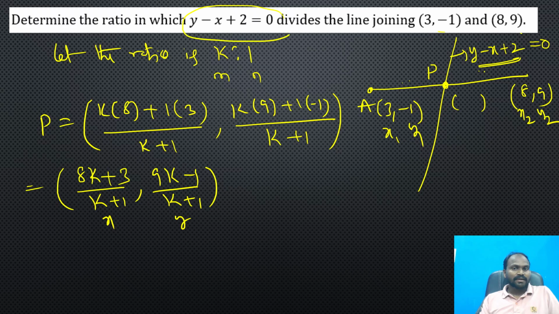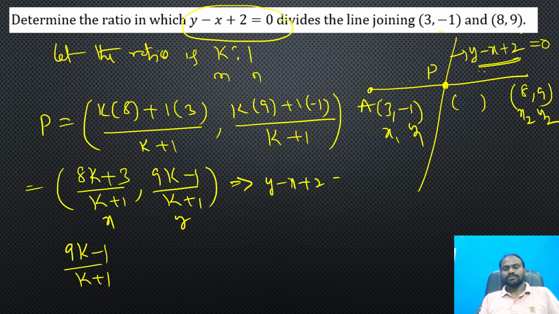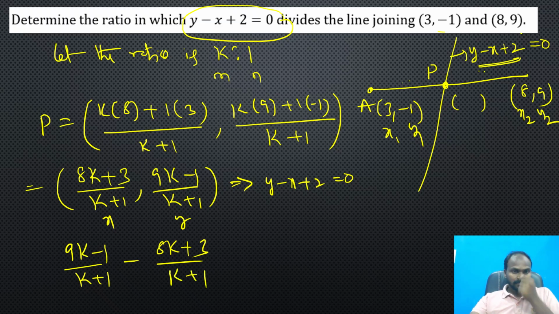So y is 9k minus 1 by k plus 1, and this is on y minus x plus 2 equal to 0. Substituting there, minus x is 8k plus 3 by k plus 1, right. Now plus 2, that is equal to 0.